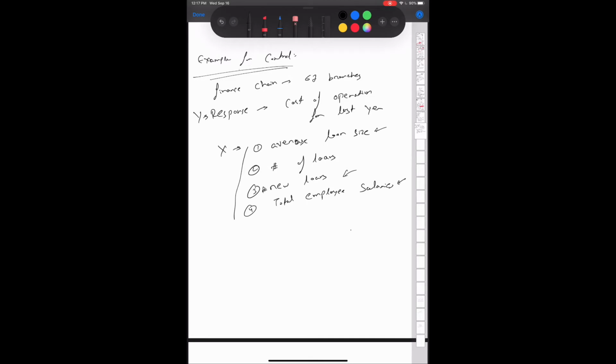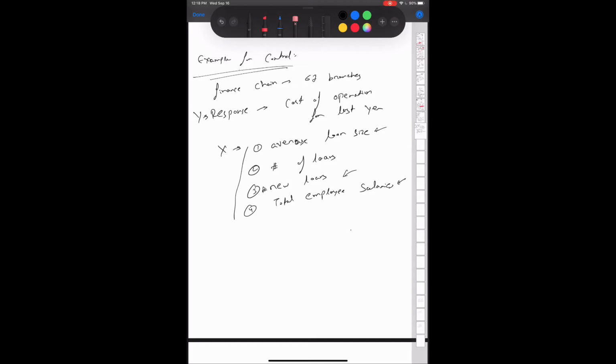And here the goal is to control this, because the way it's thought of as control is that the management can say, okay, we figured out that the best way to make the most money from this branch is to control the number of employees, or the size of the average loan, or how many new loans we give. And then the management can tell the staff of the branch that this is what we're going to do, and they can control the outputs rather than doing what the branch would do and hoping for the best.